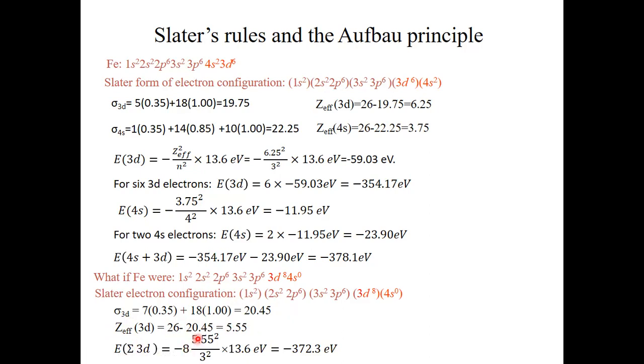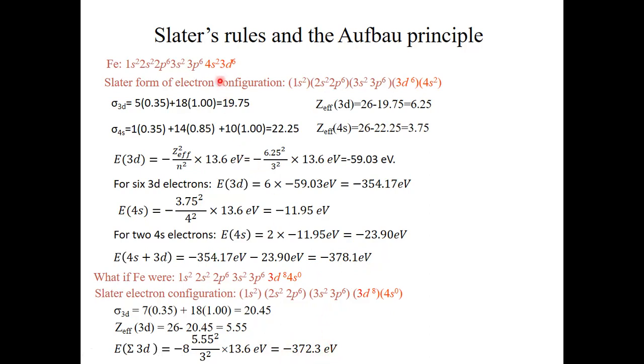So we have 5.55 squared over 3 squared times 13.6 electron volts times 8. Of course, we should not forget the minus sign, indicating that this is a binding energy, and this is then minus 372.3 electron volts.